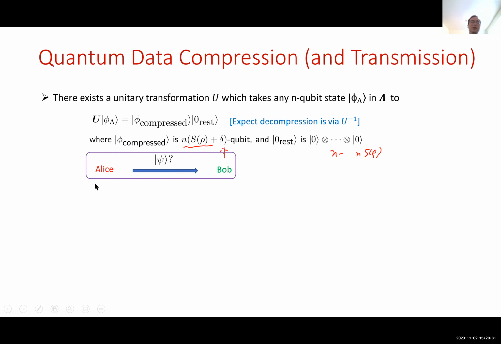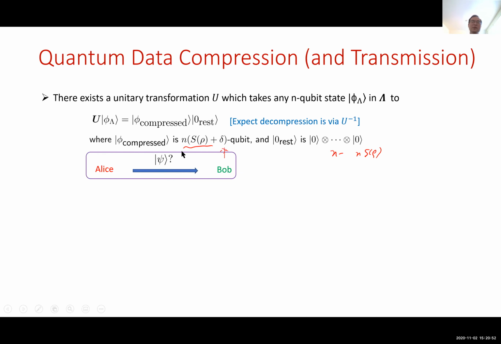Basically, if there are two players involved, Alice would want to send a message to Bob. So what she will want to do is to compress this to as few qubits as possible, and then send it over to Bob.